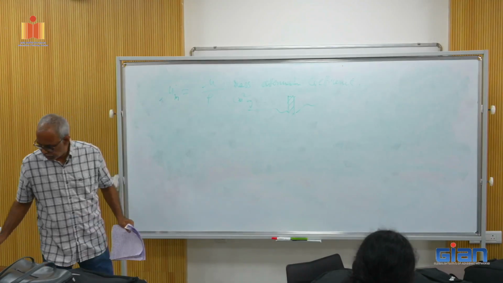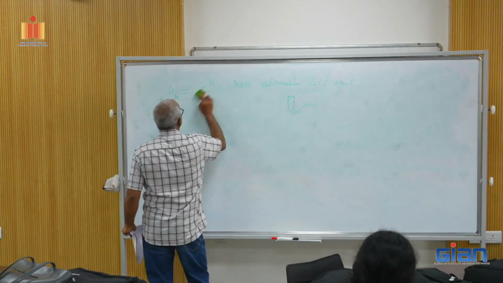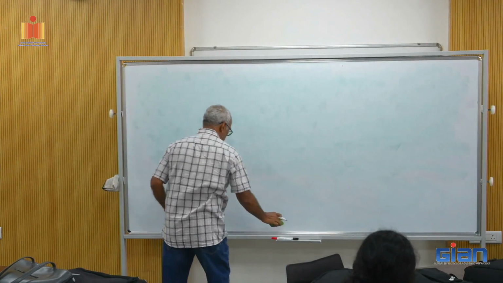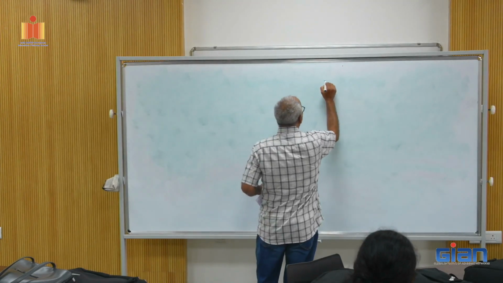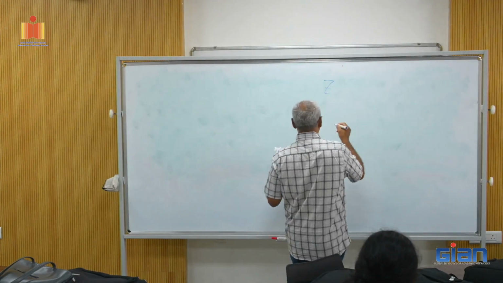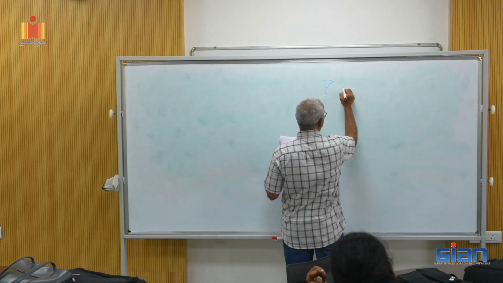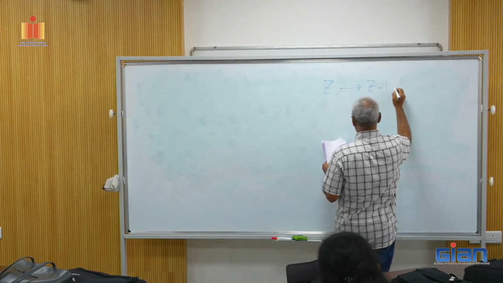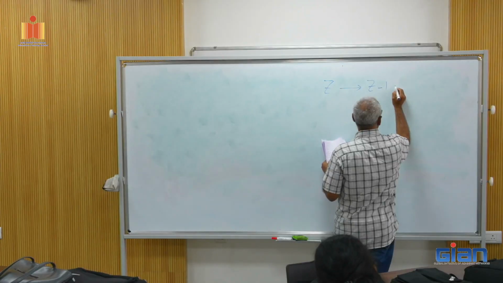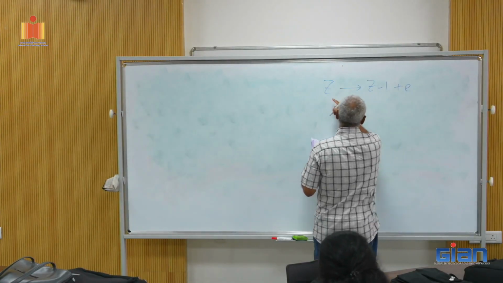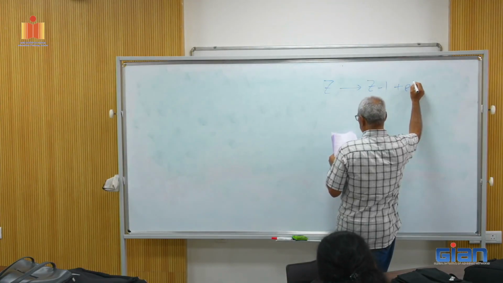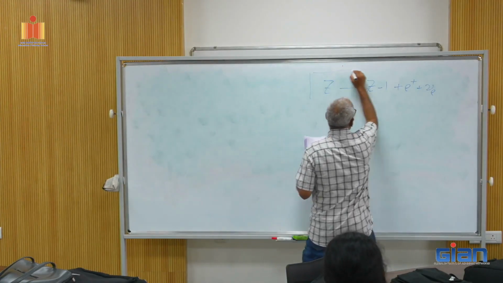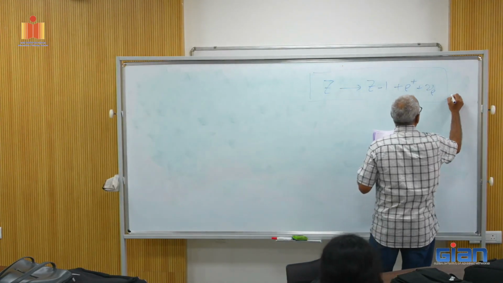Suppose you have some specific element with Z. Some Z converts to Z minus 1 with the emission of a positron plus a neutrino, called a beta plus process.